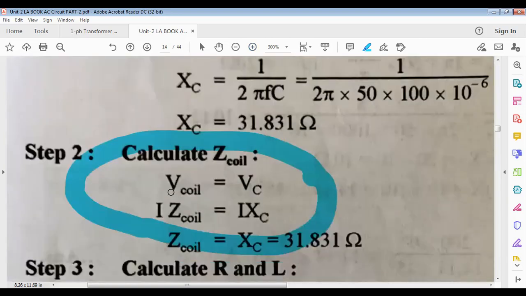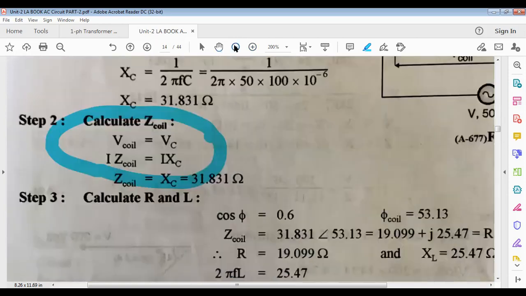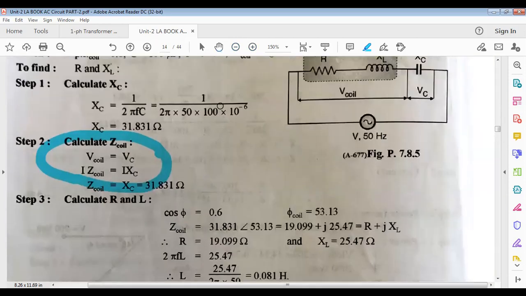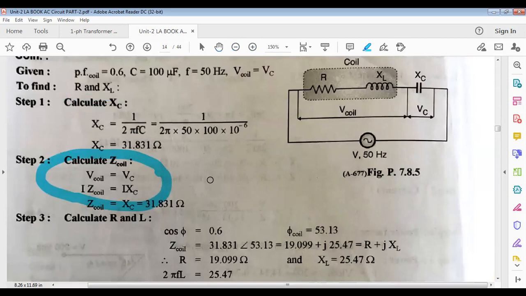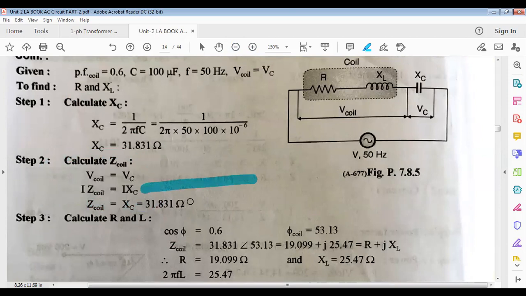So I into Z coil is V coil, and I into XC is VC. Equate these two. So I will cancel from both the sides, and XC just now we have calculated, so you got the value of Z coil, isn't it?